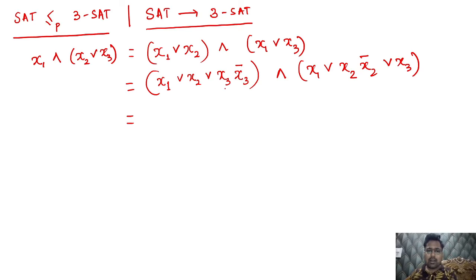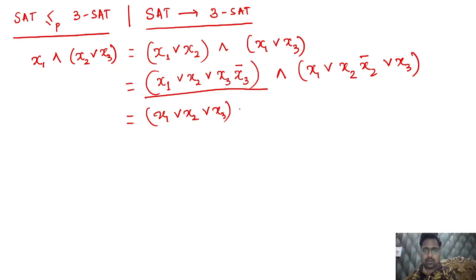Now a rule we should know, while converting that into clauses with three different literals: how do we change it? x1 or x2 or x3 will convert, and between that we put AND, x1 or x2 or x3.